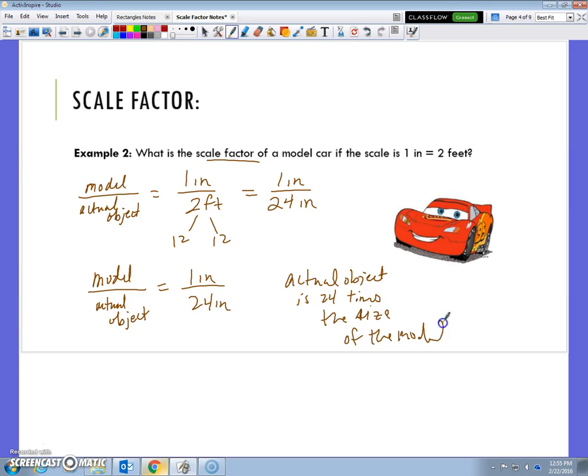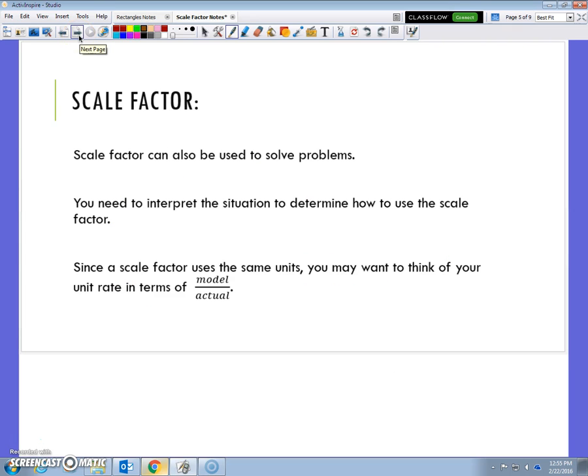All right, and that's what that scale factor means. For every 1 inch on the model, there's actually 24 inches represented in the actual object. So it's important to understand what the scale factor is saying. And depending whether you're comparing model to object or object to model is going to change what your fraction looks like as well. Okay, so we're going to use a scale factor to solve problems.